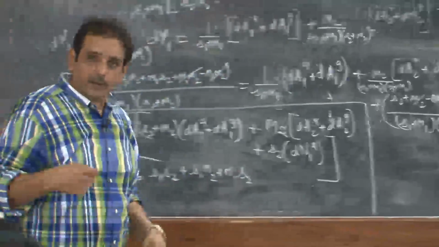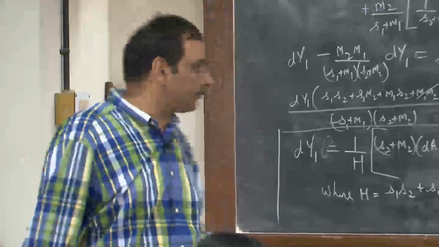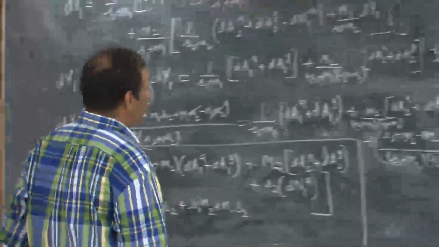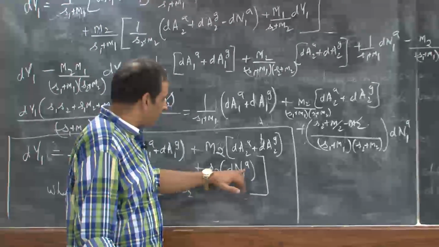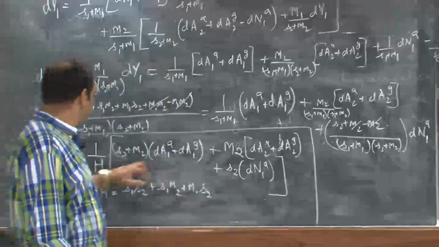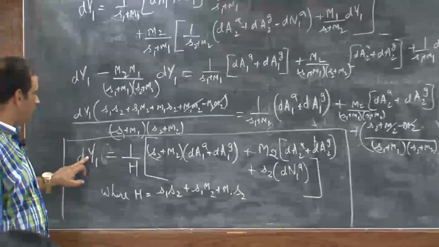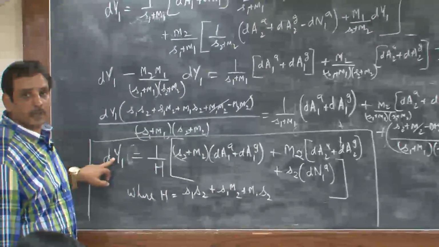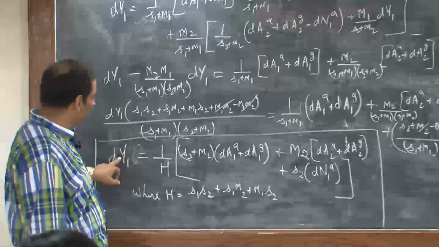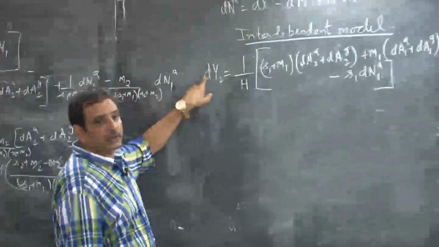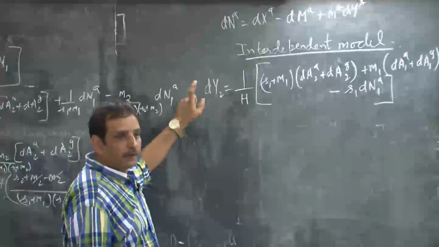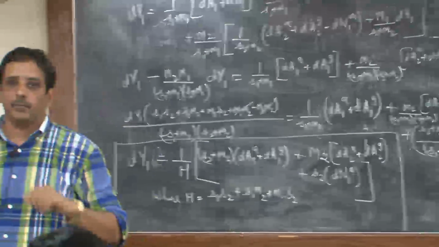But what you should be able to understand from these two things is that if dN1A increases, it tends to increase the incomes in your country, and it leads to a decline in incomes in the other country. When there is a decline in incomes in the other country, it leads to a decline in imports.